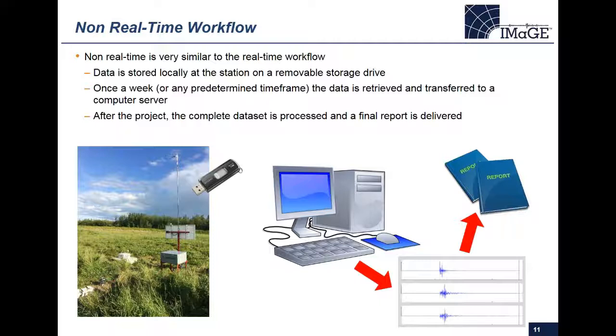Then the same process happens, where Insight will load and trigger out the data, and all events will be picked, located and manually QC'd. From there a final report will be generated and delivered to the client, as opposed to text messages or email alerts, because it is not real time. So it's a very similar workflow. The main difference is just whether data is streaming to Calgary in real time via cell networks or not.